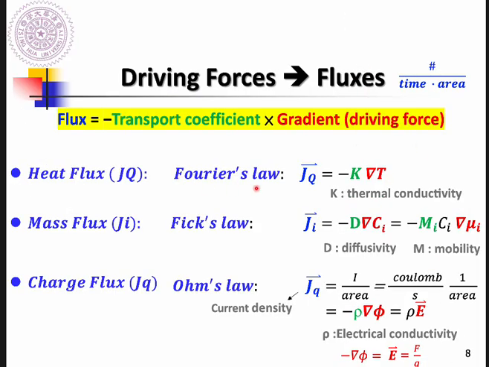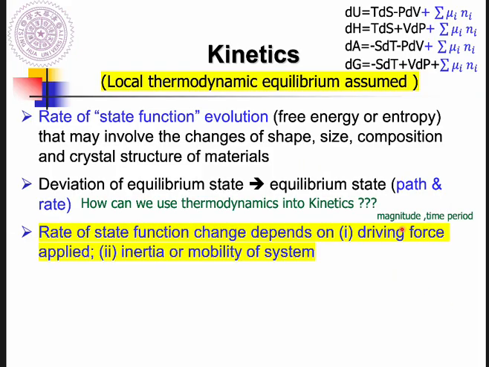For example, if you are interested in heat flux, the driving force will be the temperature gradient. The driving force will affect the rate of state function change. And most important, it is not only the magnitude, but the time period of acting on the system is also important. Some people sometimes forget the time period.